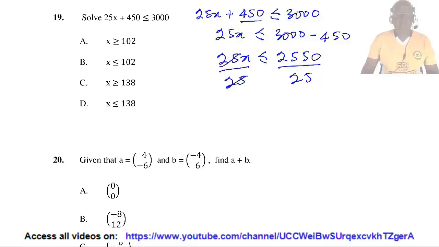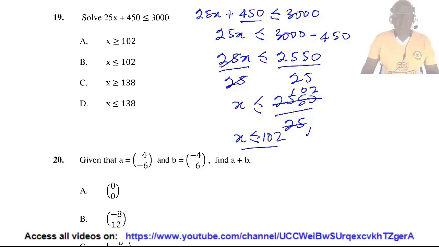This will cancel this, so we shall be left with S should be less than or equal to 2550 divided by 25. 25 goes here 1, 25 goes here 0, 2. So the answer is B. That is, S is less than or equal to 102.